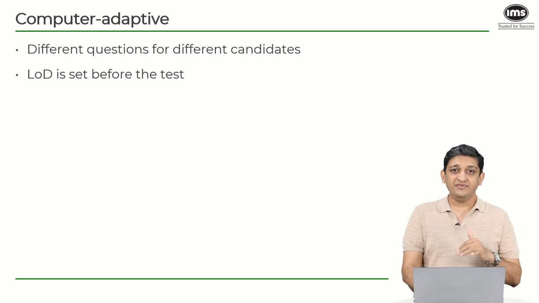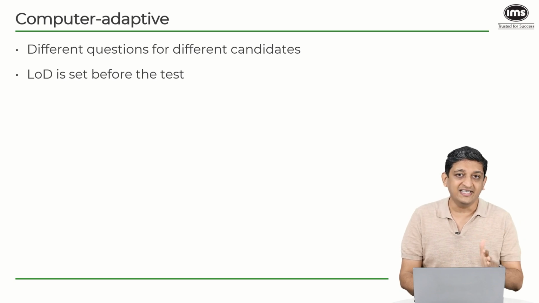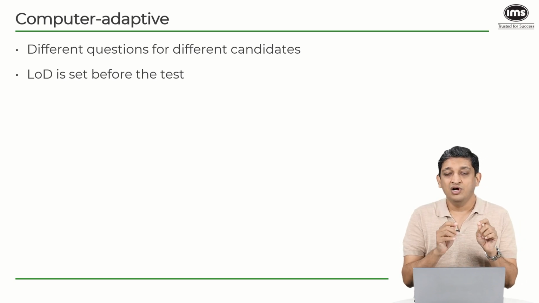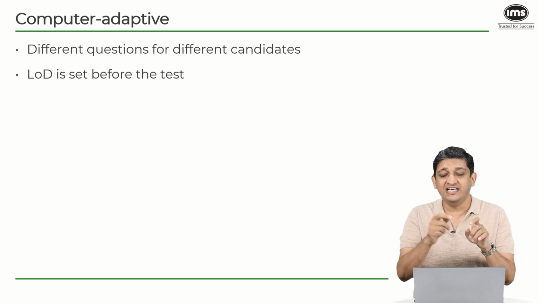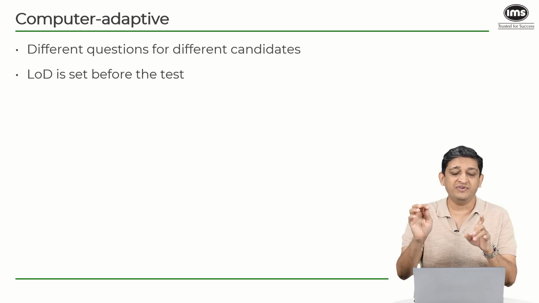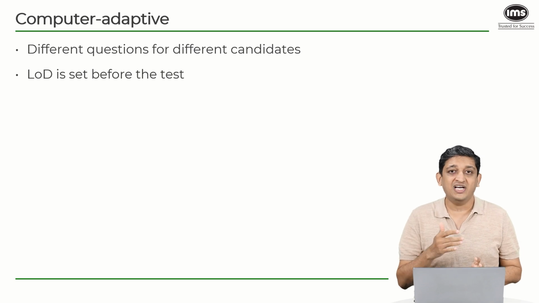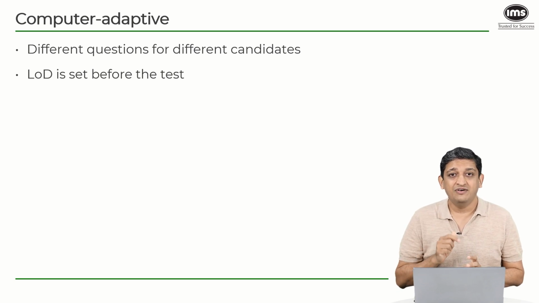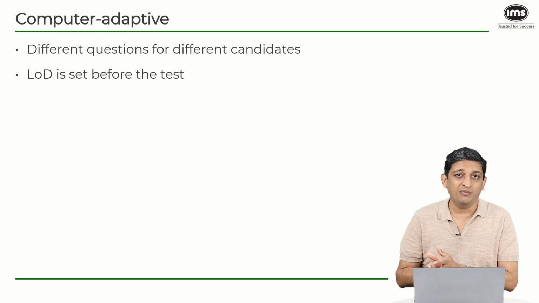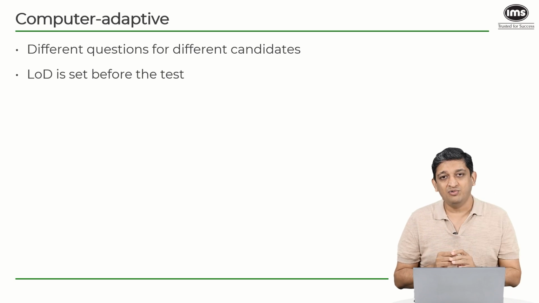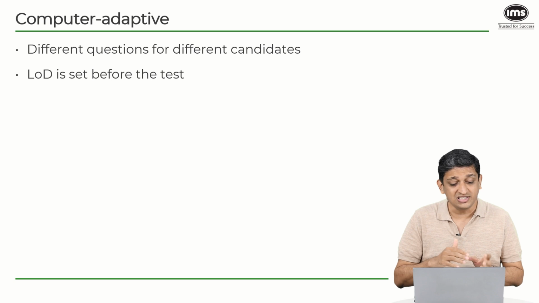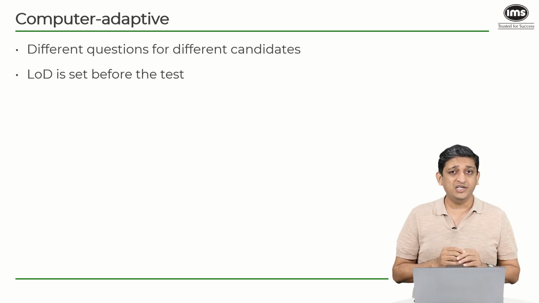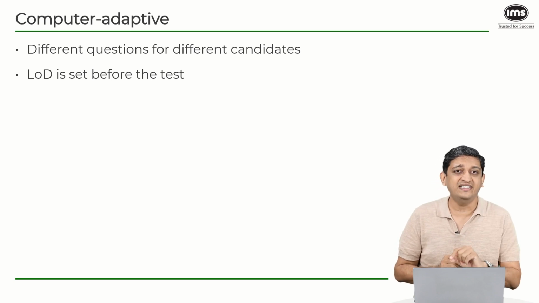Now, the LOD of the questions is set before the test, meaning that they will know which question corresponds to a level 70, which question corresponds to a level 80, which question corresponds to a level of 85, and so on. And they would have done this through rigorous testing. They would have had a sample set of population with some aptitude level, and they would keep on administering questions to them, and based on their responses, the level of difficulty of the question will be ascertained before the test happens.